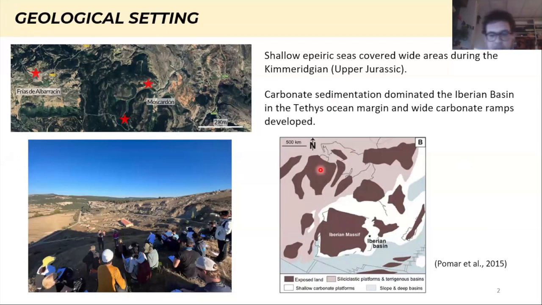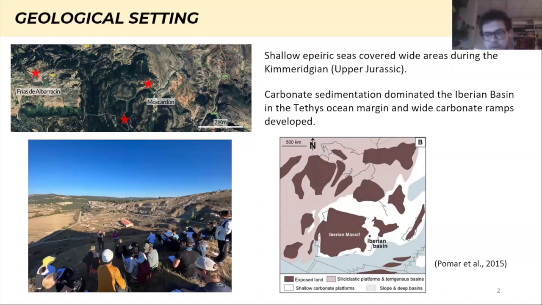During that time, carbonate sedimentation dominated this part of the basin, facing the western margin of the Tethys Ocean. The overall facies distribution shows the progradation of the shallow ramp oolitic and the reef facies of the Pozel formation.